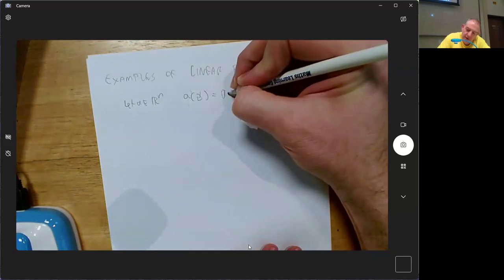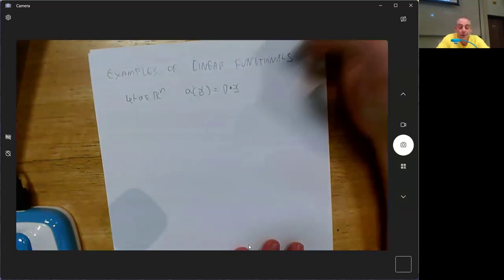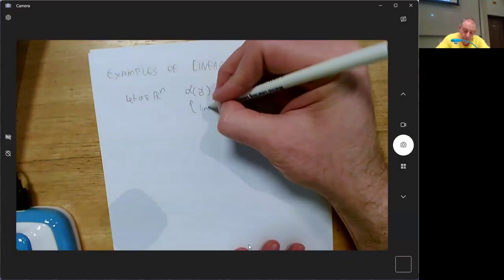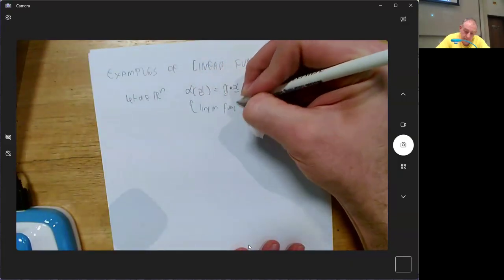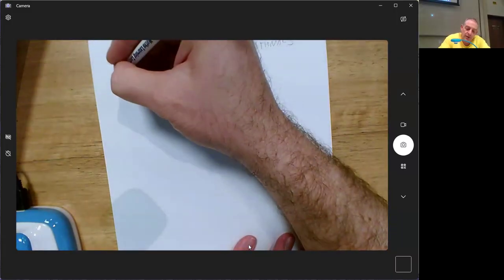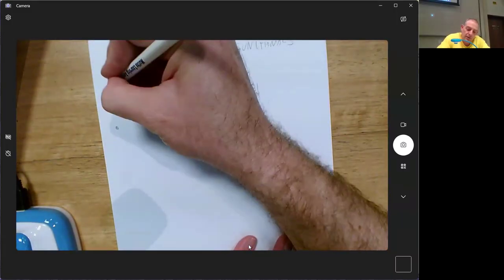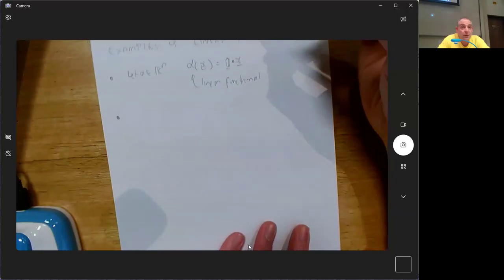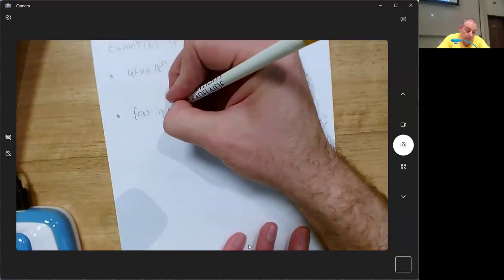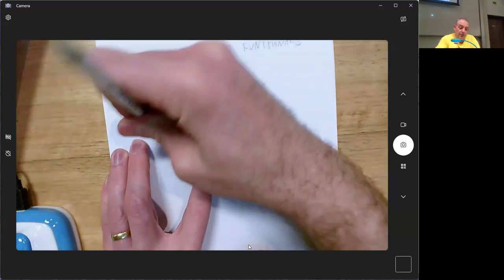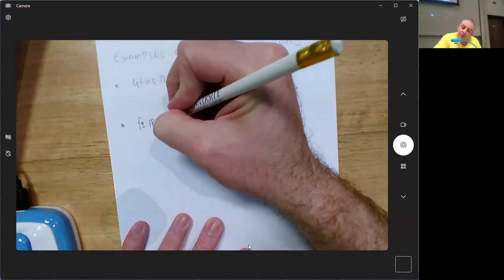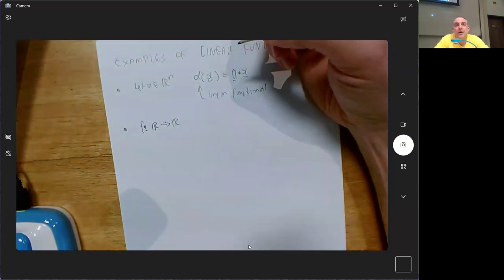That's a perfectly good linear functional. So that's one example. Another example, there's a heap of them on functions. You've got f of x, where f sends R to R as a function. They could be polynomials, they could be anything.